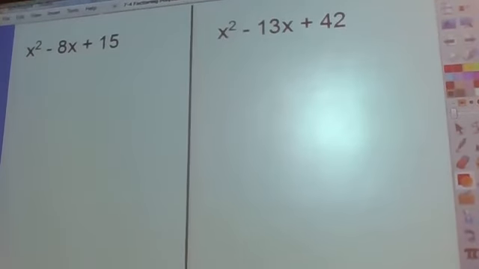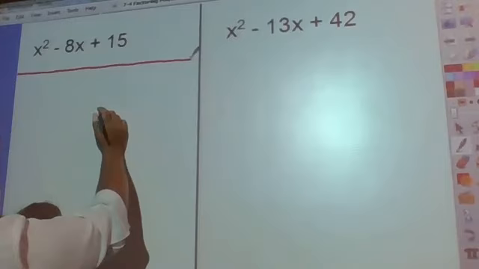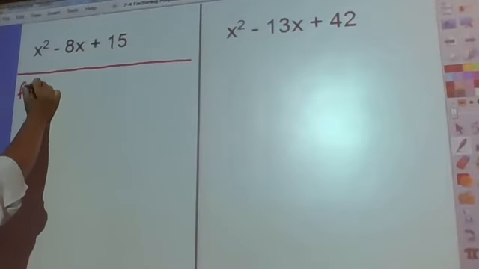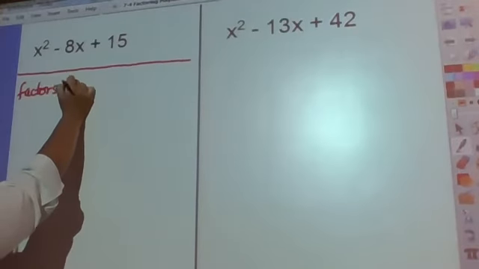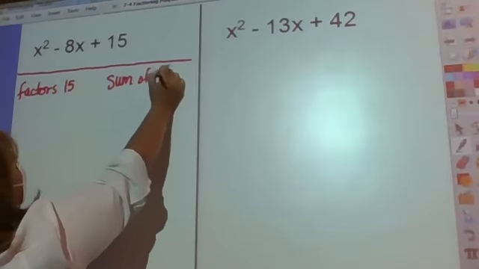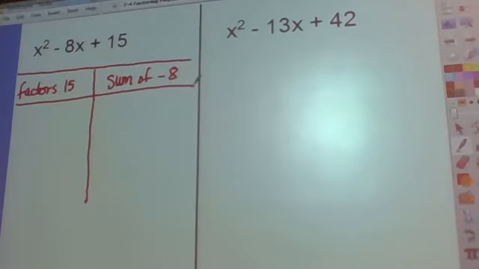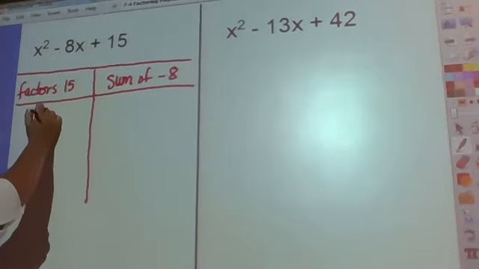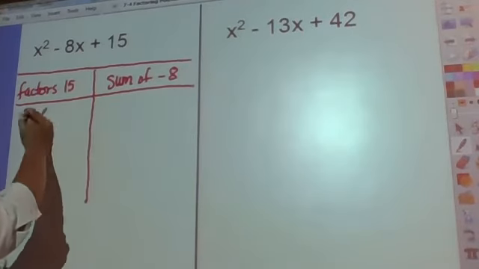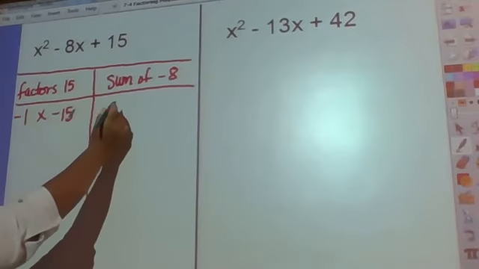So ready? Let's look at this one. First step, they were looking for factors of 15 that have a sum of negative 8. They have to be negative, so a negative times a negative.